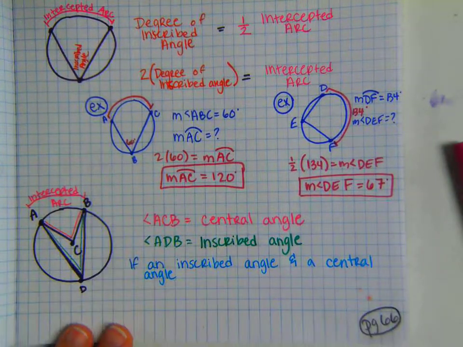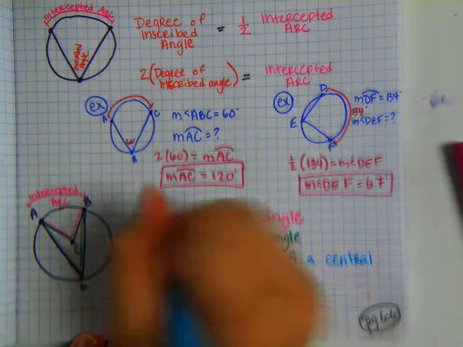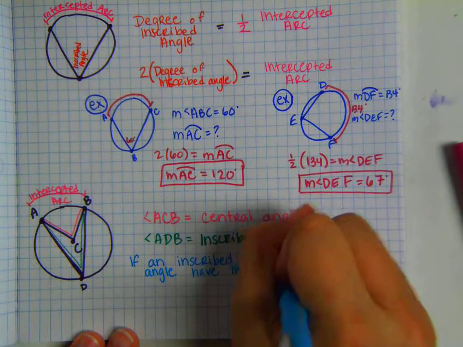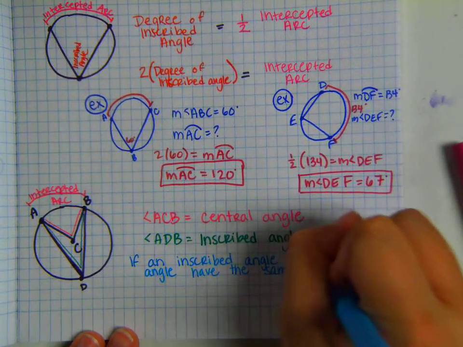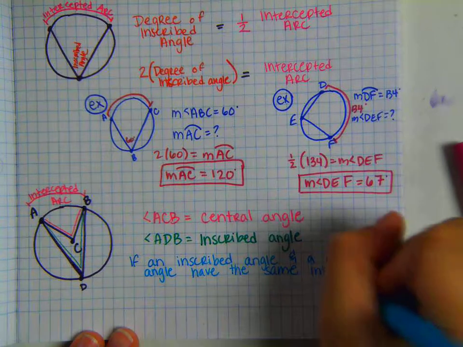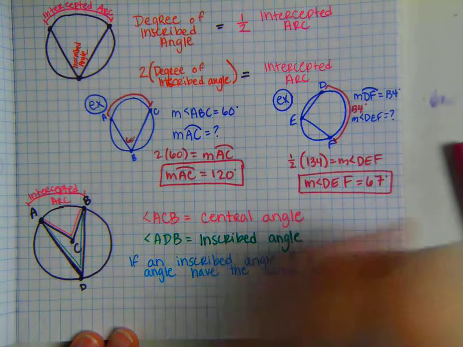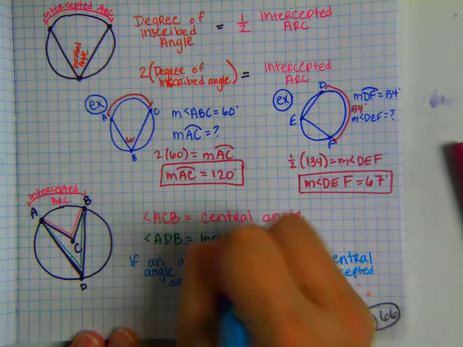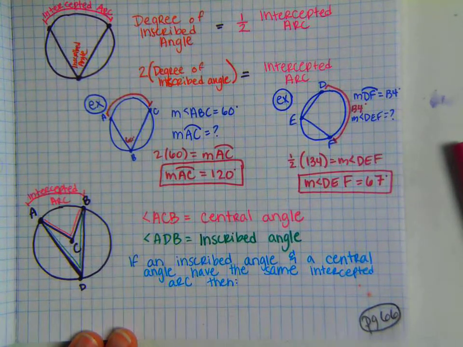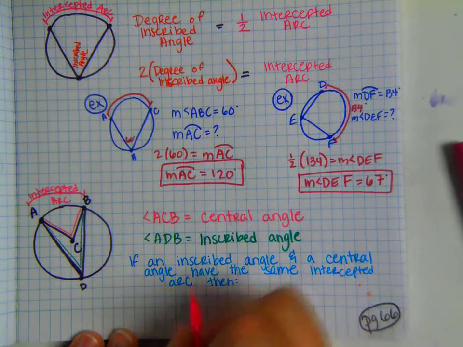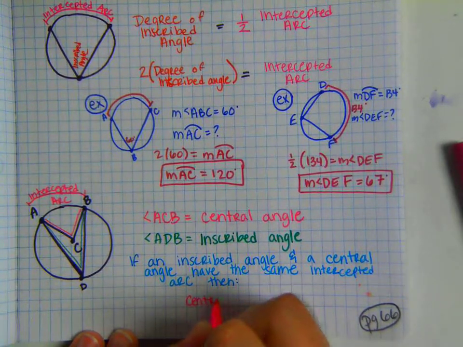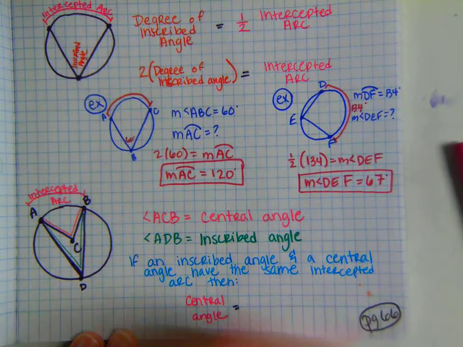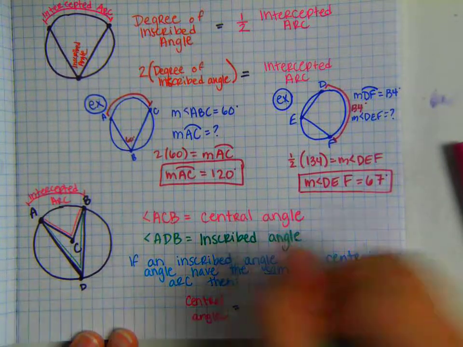So when this happens, if an inscribed angle and a central angle have the same intercepted arc, then the central angle is going to equal 2 times the inscribed angle.